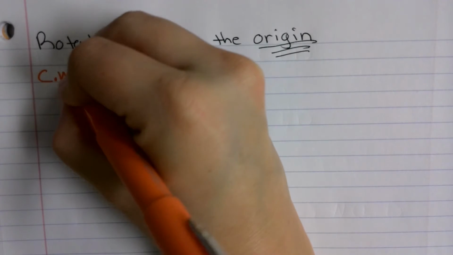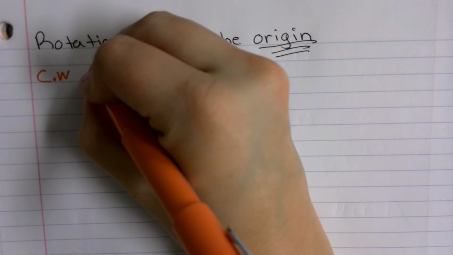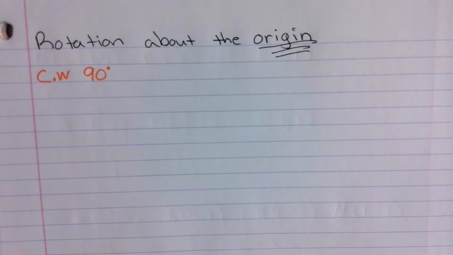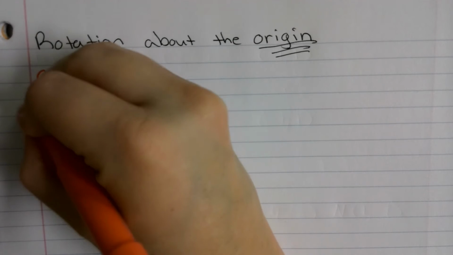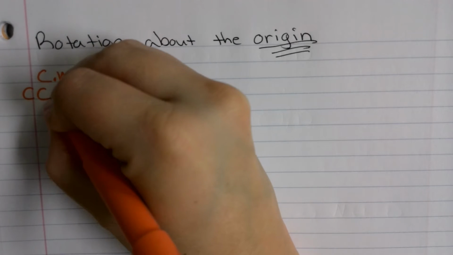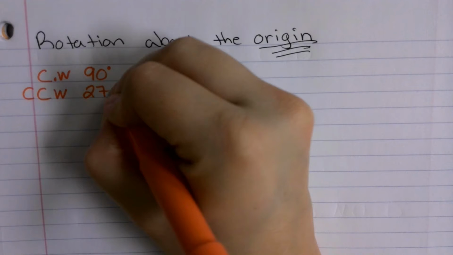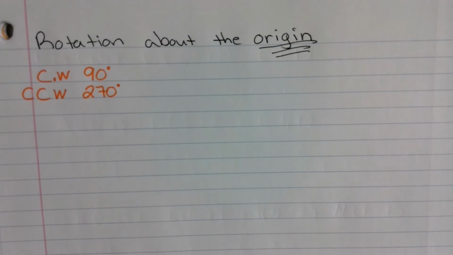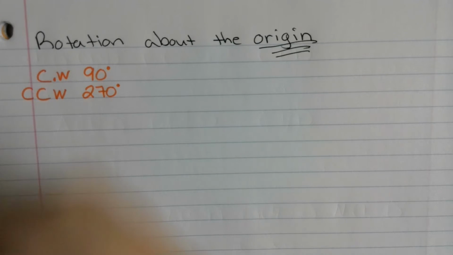So if we talk about clockwise 90 degrees, clockwise 90 degrees is the same thing as saying counterclockwise 270 degrees. Clockwise 90, counterclockwise is 270. They are the same exact rotation.